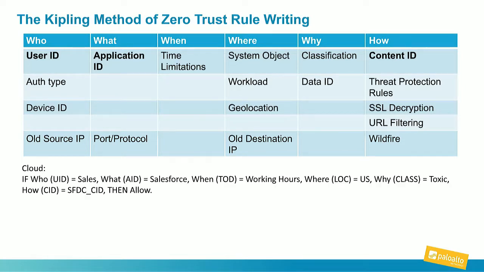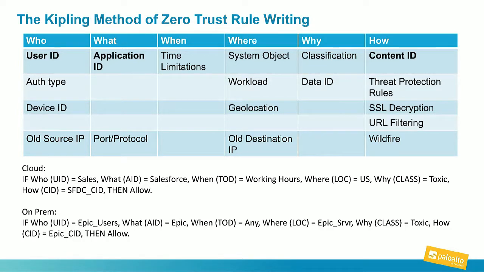In this case, to Salesforce, if the User-ID is sales, the App-ID is Salesforce, then the Content-ID is salesforce.com, a special Content-ID on how you're going to use Salesforce, and Content-ID includes threat protection rules, SSL decryption, URL filtering, WildFire, all those types of things. And we can write a very specific rule based upon the user and the application, and the same thing works for on-premise.